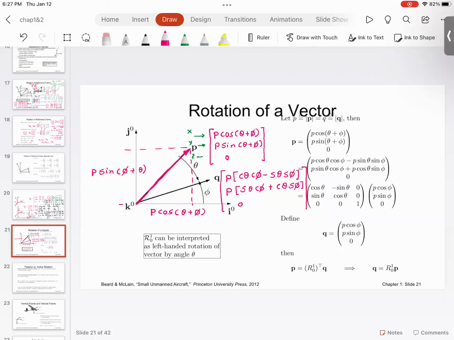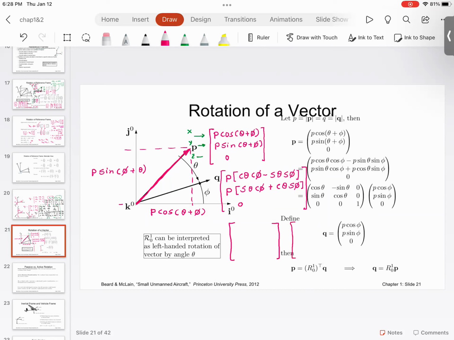Are you with me so far? Now I have this resultant vector, and I'm going to partition it into a matrix and a vector.